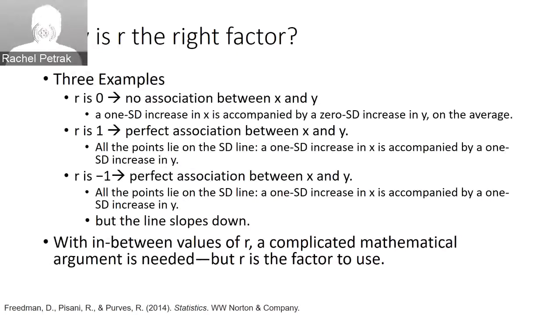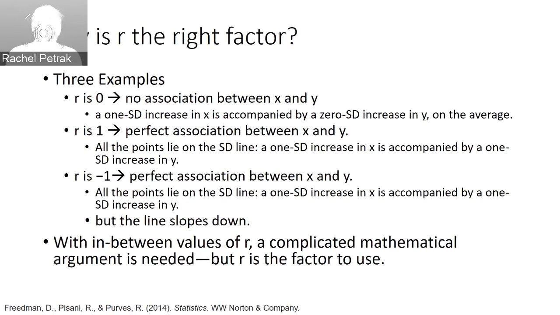Let's think about why r is the right factor. Well, it's important to consider 3 examples, and it's often helpful in mathematics and statistics to take a couple of extreme examples, which is what we do here, and look at how the association or the test deals with the extremes, because it can give us insight into where there might be problems, or why it makes sense.